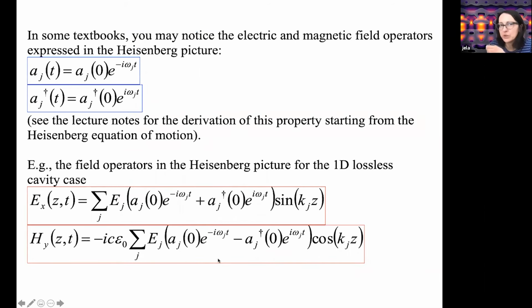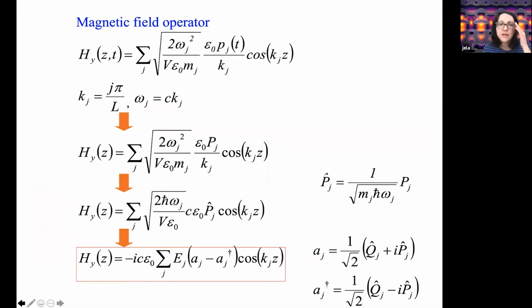Just as a side note before we move on to the next part, some textbooks express all of these field operators in the Heisenberg picture. We used the Schrödinger picture. The Schrödinger picture means that time dependence is not in the operators, but basically in the eigenstates of the system, in the states of the system. So here you see there is no time dependence, right?